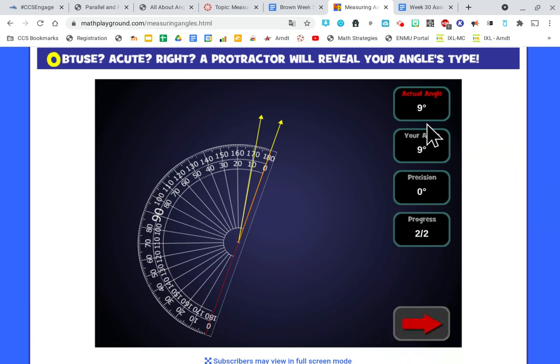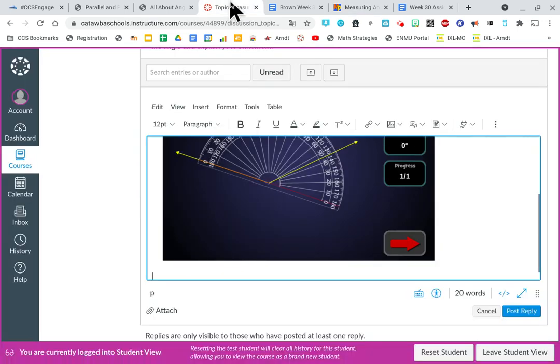If your angle measurements are incorrect, then we are not totally meeting our objective. Our objective is to be able to measure correctly and describe the angles. So if your angle measurements here are incorrect, you need to try another one until you get your angle measurements correct. All right, so I'm going to go back to Canvas, and I'm going to add to my discussion post.